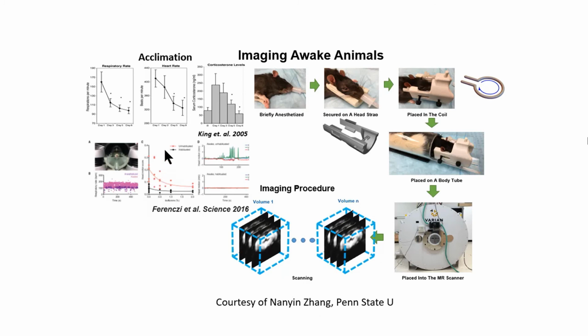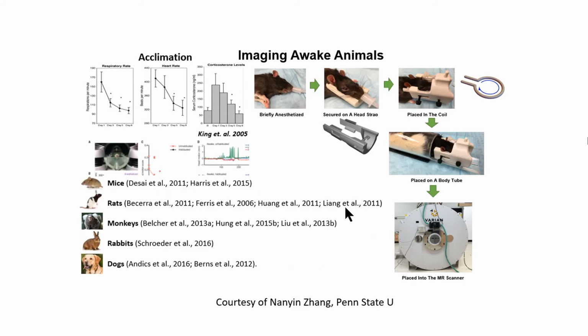What they did is train the animal to get used to the scanner environment, and after many days you can see the stress level goes down, as the heart rate and respiration tend to stabilize at a low level. You also end up with lower motion. You can initially briefly anesthetize the animal, put it in the scanner, let it wake up, and then run your study when it is fully awake.